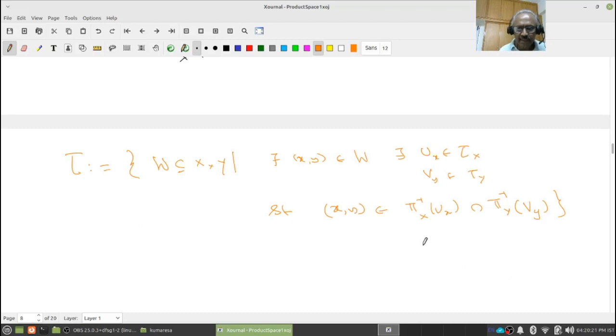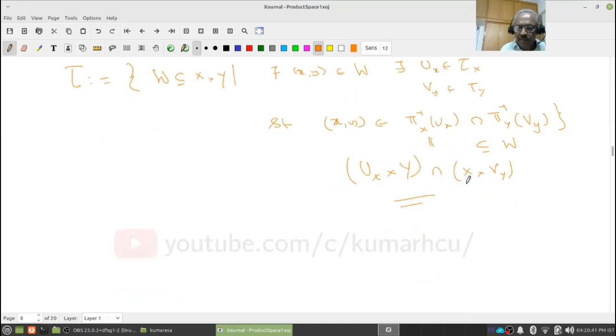Is that clear? But what do we know this is? This is ux cross y, and intersection, sorry, and this is contained in w. And this is x cross vy. Okay, what is this object? When does xy belong to this? So when does a point, let's say pq, belong to that?